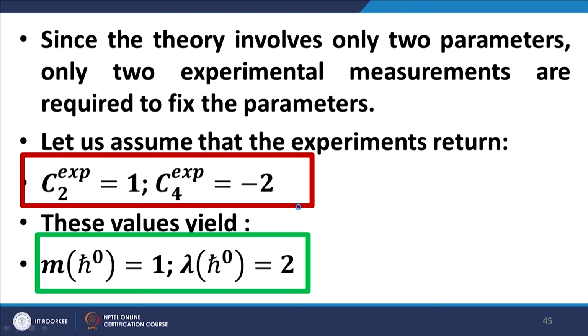Now, because the theory involves only two parameters m and lambda, in principle at least two experimental measurements are sufficient to fix the parameters. We do the two measurements experimentally, and what we find is that the experimental value of C2 is 1 and the experimental value of C4 is minus 2.